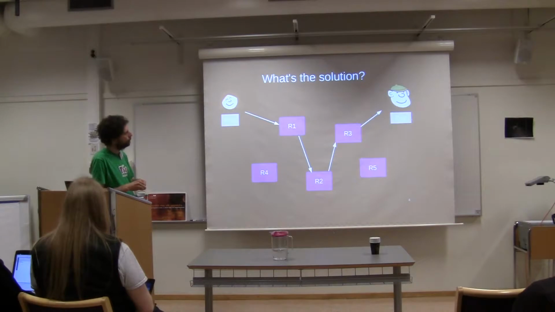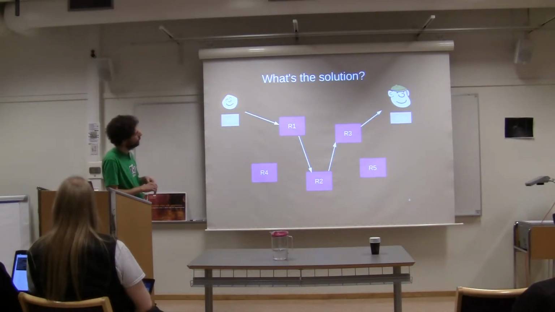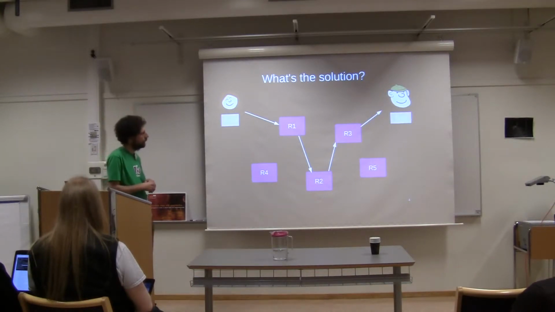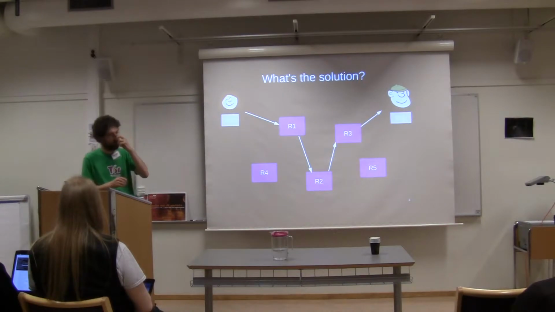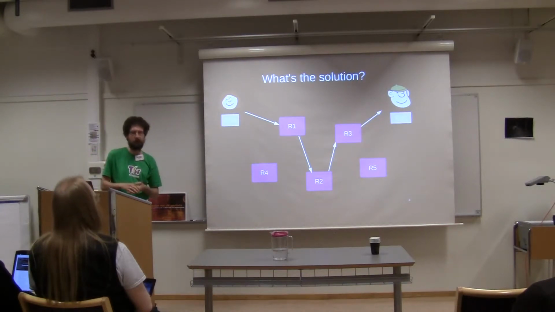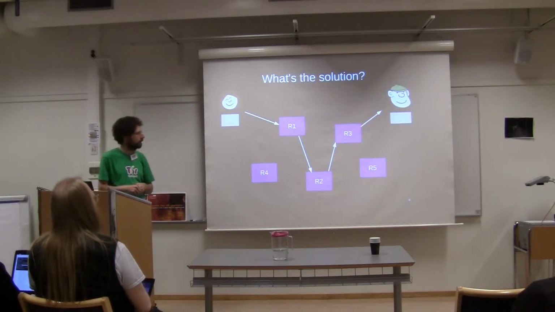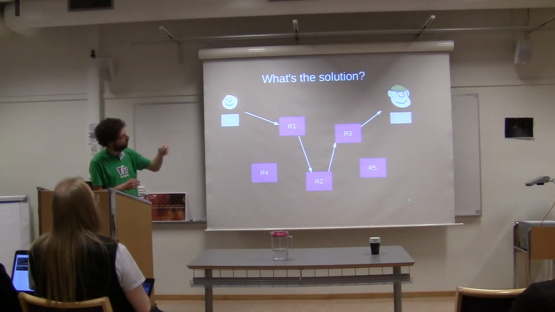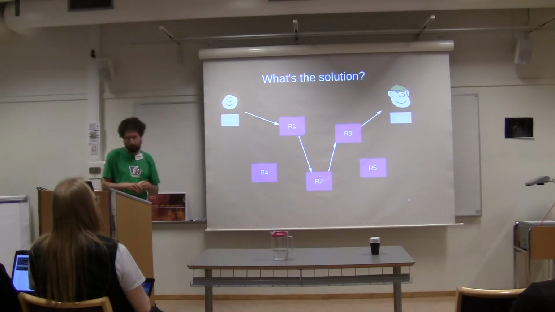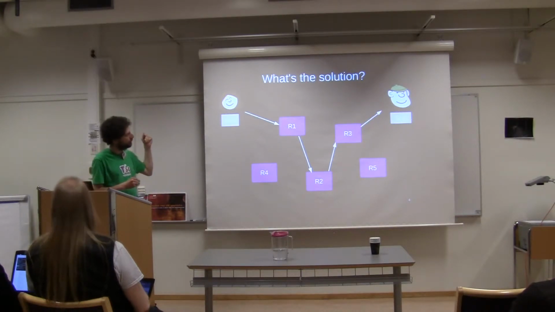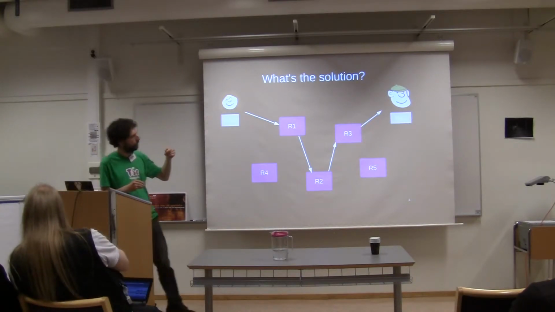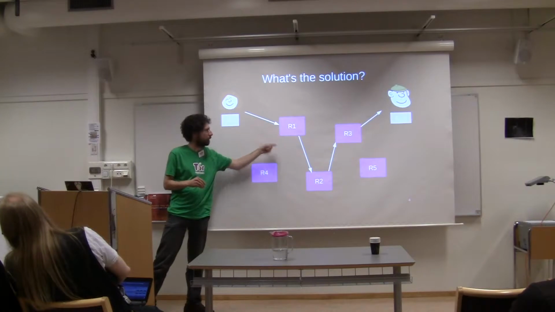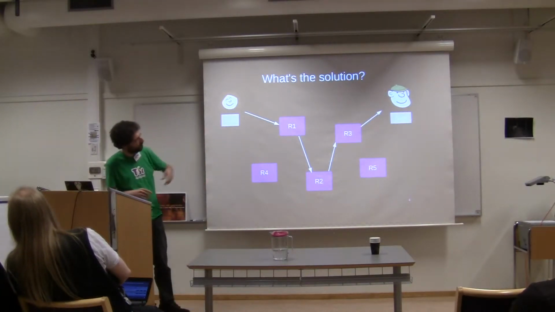Tor is trying to split up the information about the communication to different parties. The network consists of several thousand relays, which are basically servers around the world running the Tor software. If Alice is trying to talk to Bob, she's using the Tor software, the Tor client, and is making a connection to a first router, the entry router of the path through the Tor network.